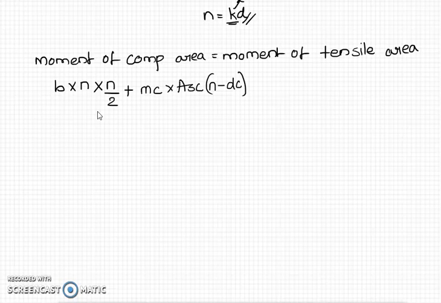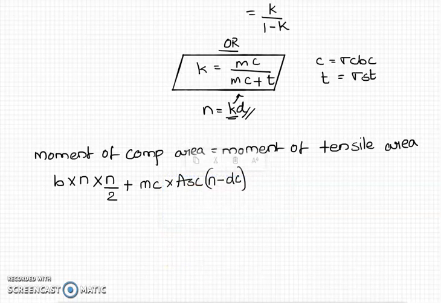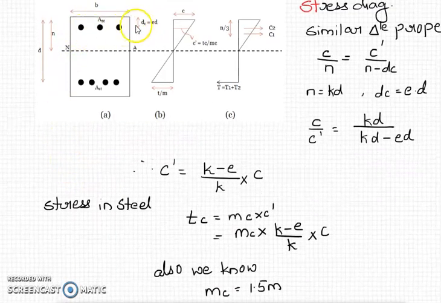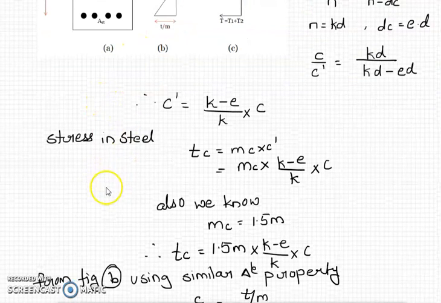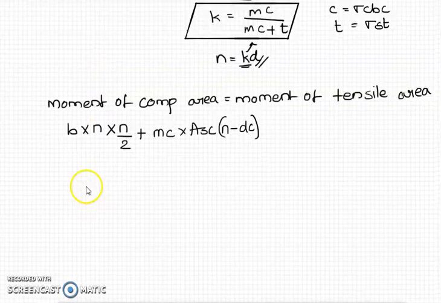neutral axis. Now how this N minus DC is, again going back to the diagram. Okay, it is from here, from neutral axis to the center of the reinforcement. So it is basically total N minus this distance DC, from the center of the reinforcement till the neutral axis. Okay, so this is the distance of CG from neutral axis.